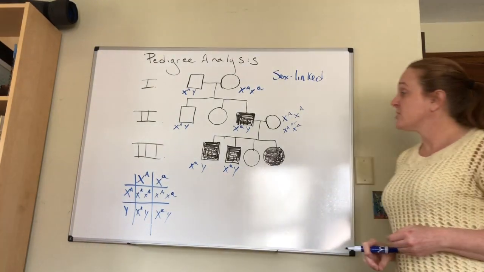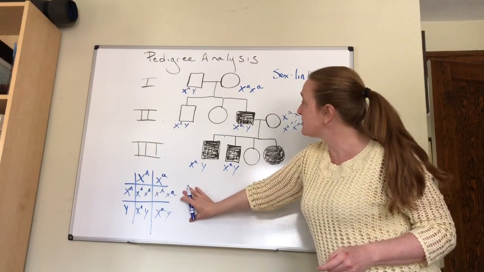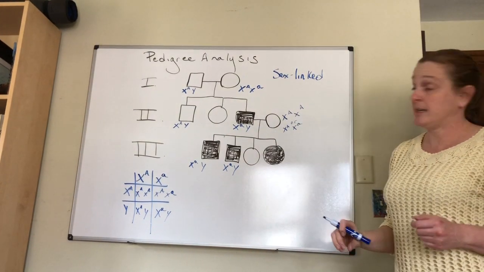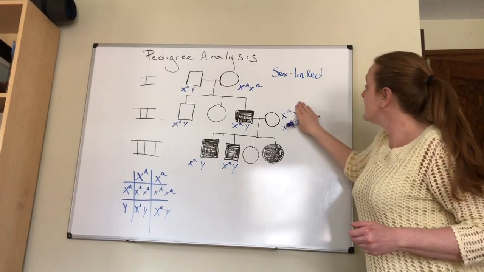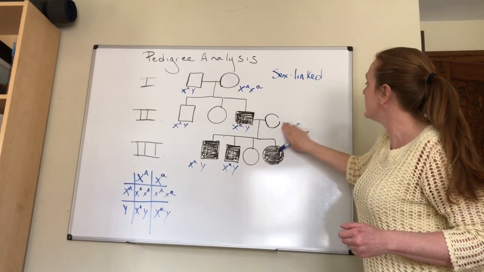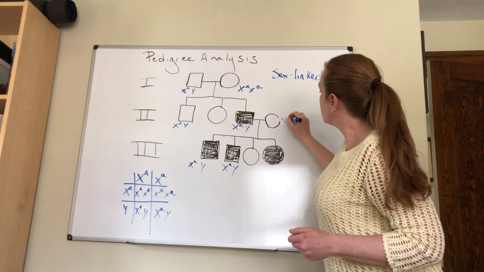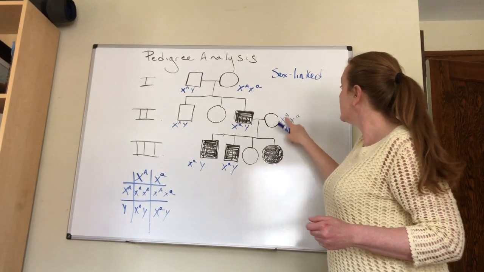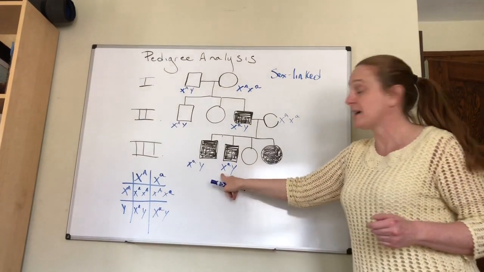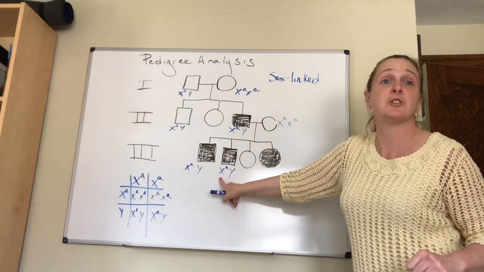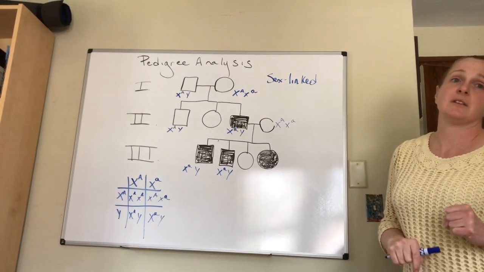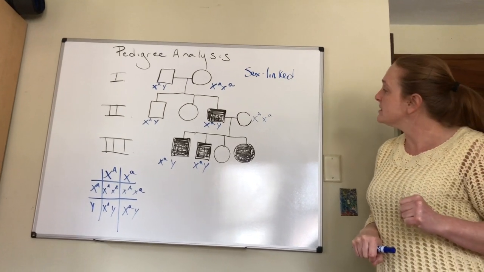Looking here to the next generation, and based on my experience from this first coupling, I know that the only genotype this female could have is heterozygous. Otherwise, there's no way that this recessive gene could be passed on to the male offspring that are showing it. I know that it was the mother who passed it on to the sons.